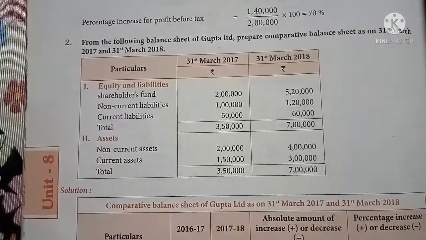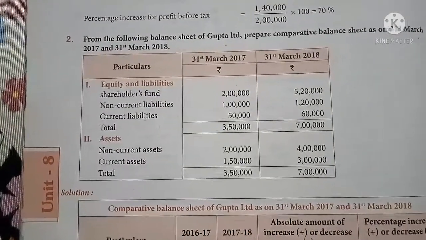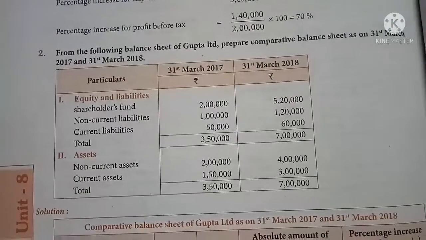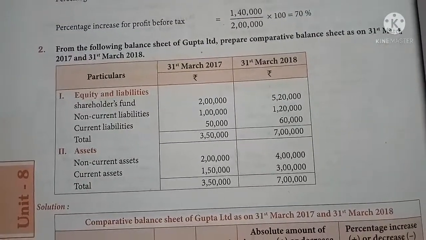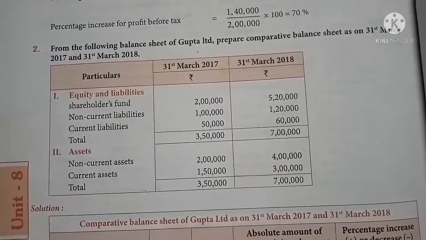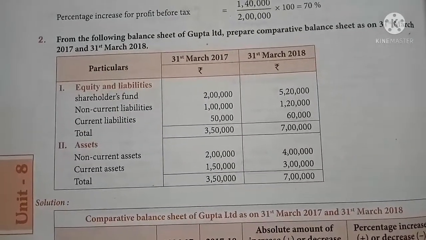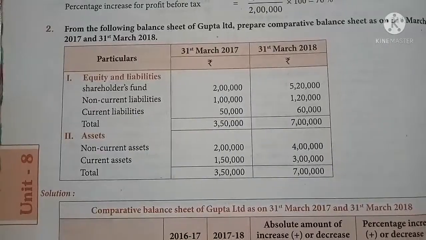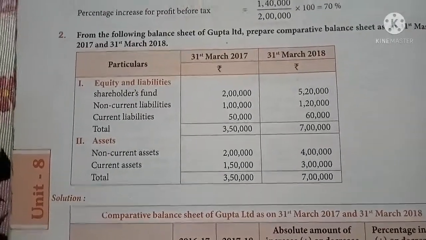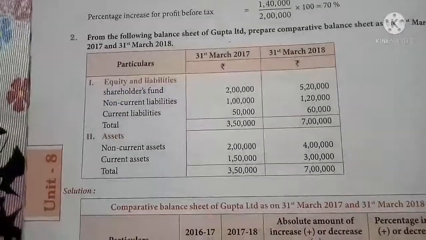So in this example sum also they are asking to prepare comparative balance sheet. The date information is given, 31st March 2017, 31st March 2018. Some liabilities and assets are given. Likewise you can find out comparative balance sheet.